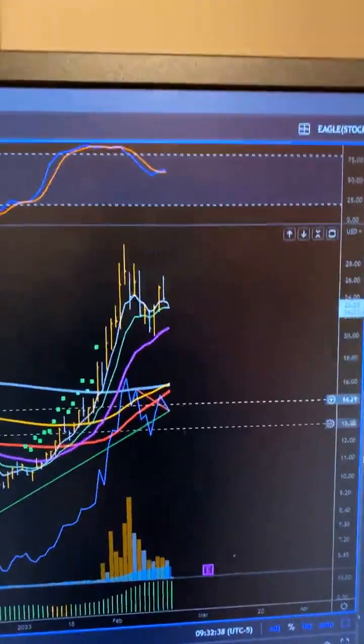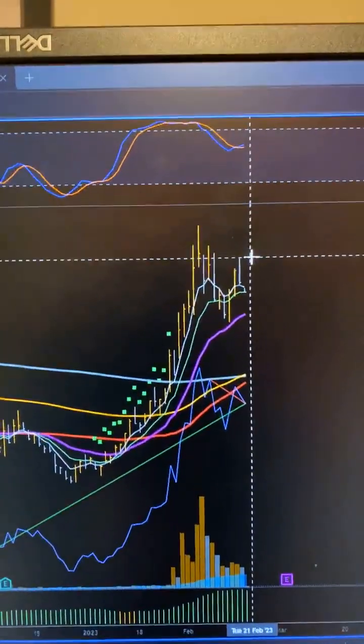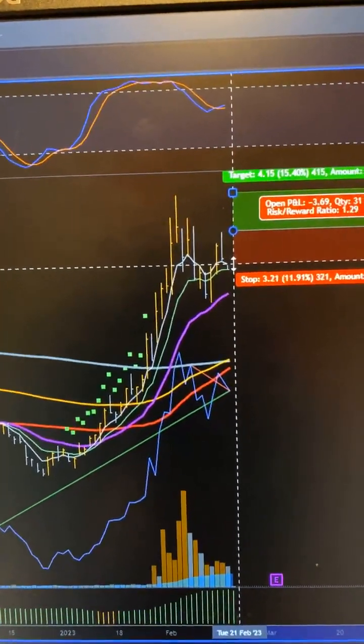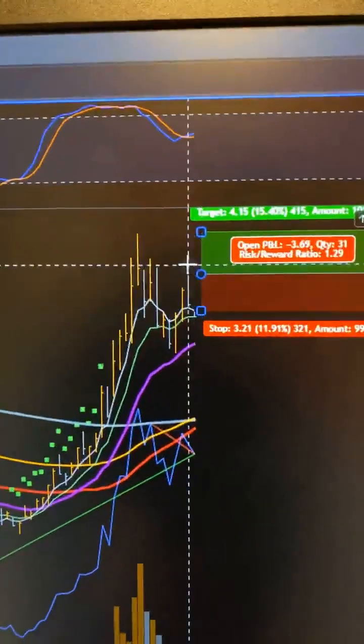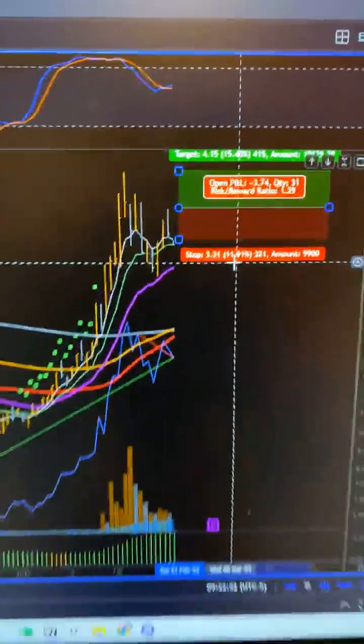So if I'm finding a stock like this and I need to place my stop, let's switch back over to this chart. Let's say I wanted to get in at that high, with yesterday's low as the stop. The difference between yesterday's high and yesterday's low is about 12%.